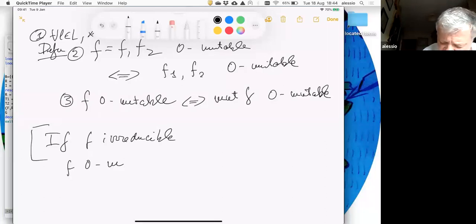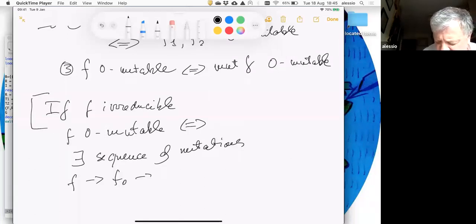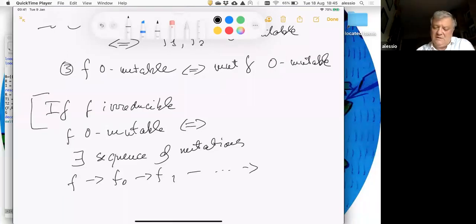If and only if there exists a sequence of mutations that takes f to some f0, to f1, all the way to a finite sequence of mutations that takes f to a monomial. So somehow f disappears under a sequence of mutations.